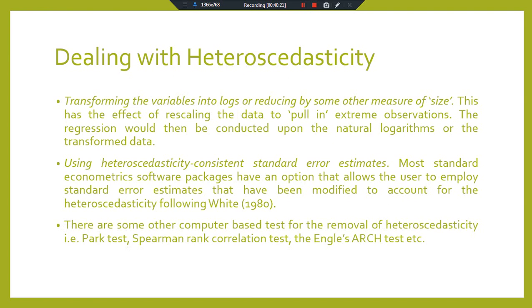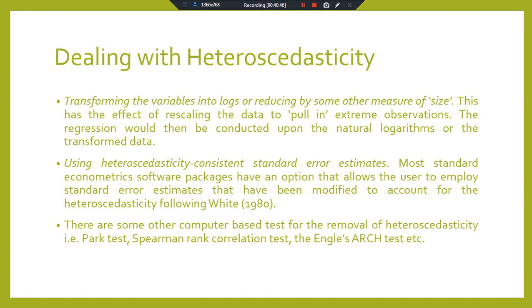Okay, there are some other computer-based tests for the removal of heteroscedasticity, like we have the Park test, we have the Spearman rank correlation test, we have Engle's autoregressive conditional heteroscedasticity, and some other tests which are used for the removal of heteroscedasticity in the data.